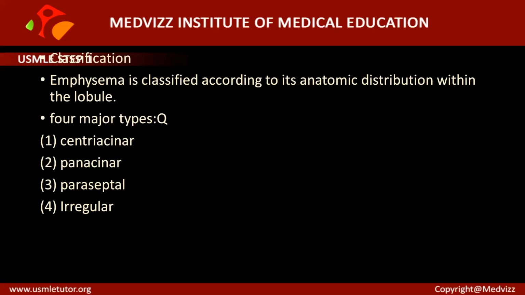There are two points you need to remember for irregular: it is clinically insignificant, and it is the most common histological type. And centriacinar and panacinar are the most common forms, constituting more than 95% of clinically significant cases, and both can cause clinically significant airflow obstruction.